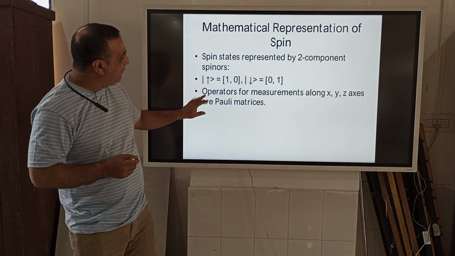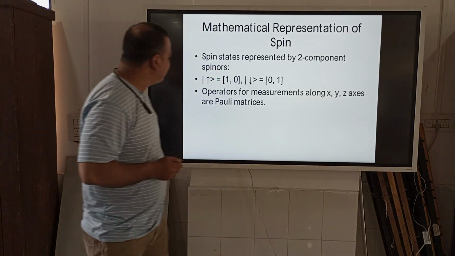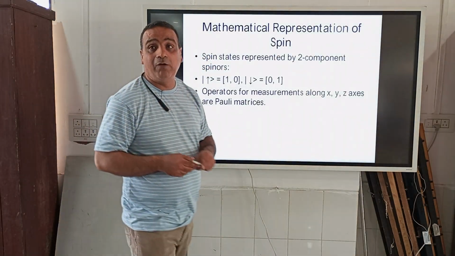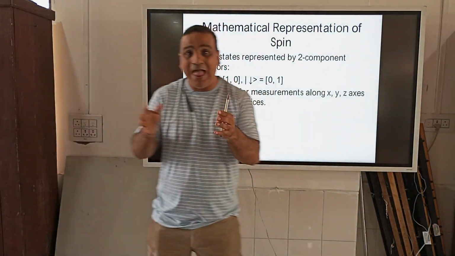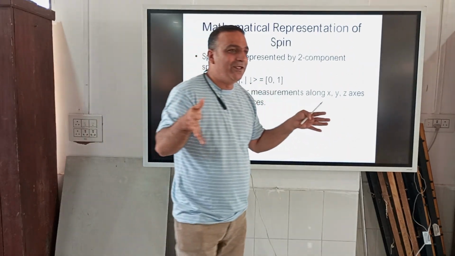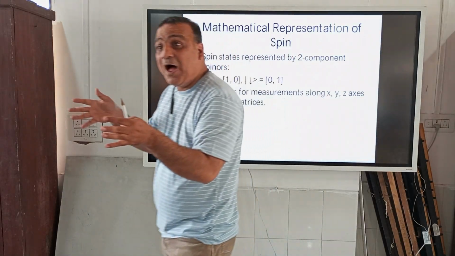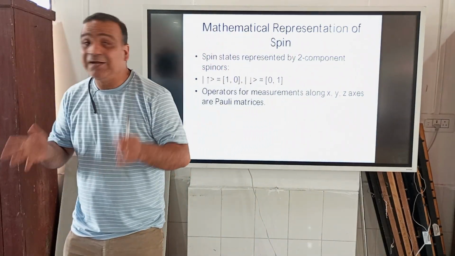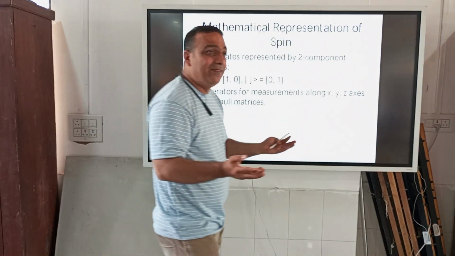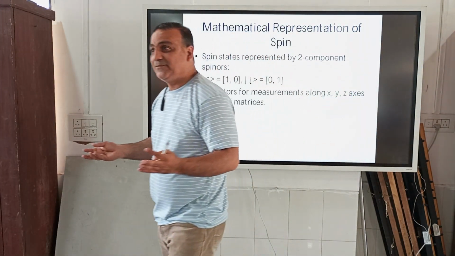And what's happening? Operators for the measurement along x, y, and z axis are your Pauli matrices. So you have these spinors, and you operate on these spinors using Pauli matrices. And what are Pauli matrices?